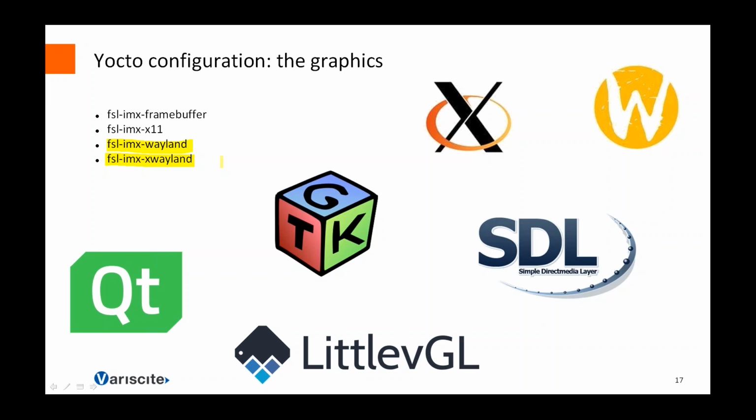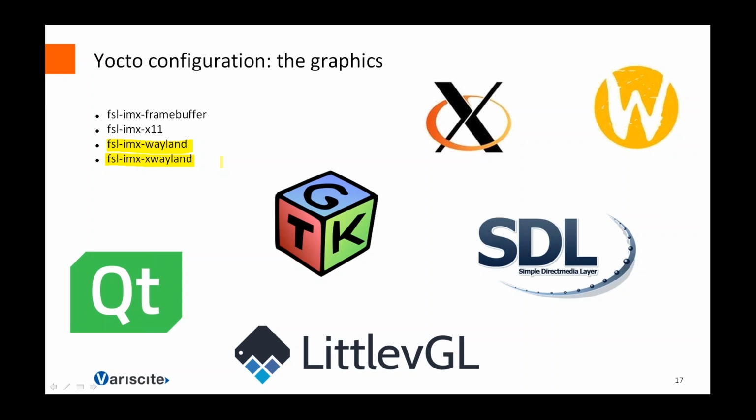Wayland, for those who are not aware, is a kind of successor of X, the previous graphical server that was present in almost all graphical Linux machines. X was designed several years ago, and now is becoming a bit, let's say, old.